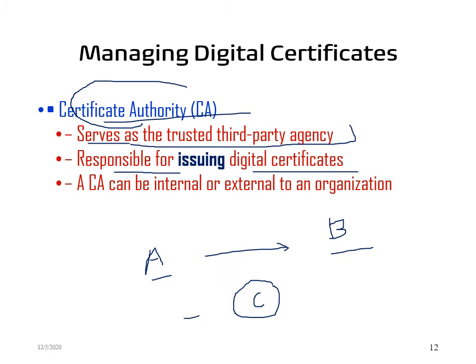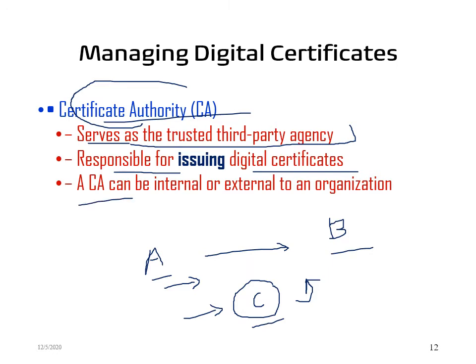So here C acts as a third party agency. He is responsible for issuing the digital certificates. He is verifying that the particular owner is transmitting the message, and the public key is from the verified owner. That is also verified by the particular third party agency.